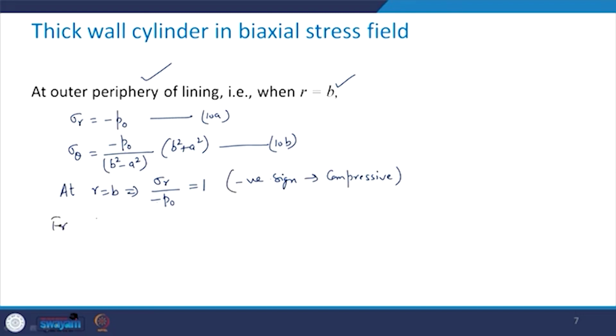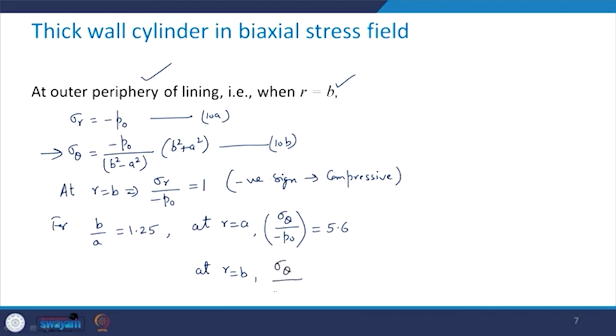For b by a equal to 1.25, if I take r equal to a, your sigma theta upon minus p naught, that means this quantity from this equation, is going to be equal to 5.6, and at r equal to b, your sigma theta upon minus p naught will be 4.5.